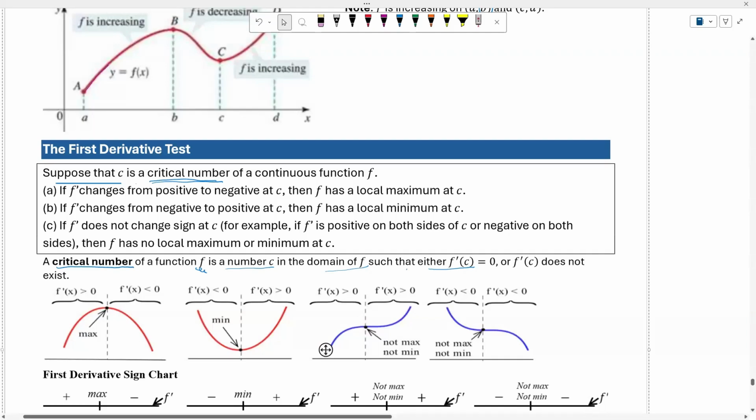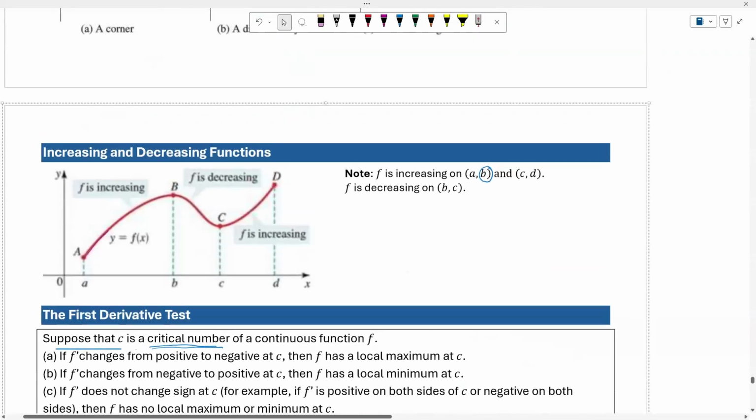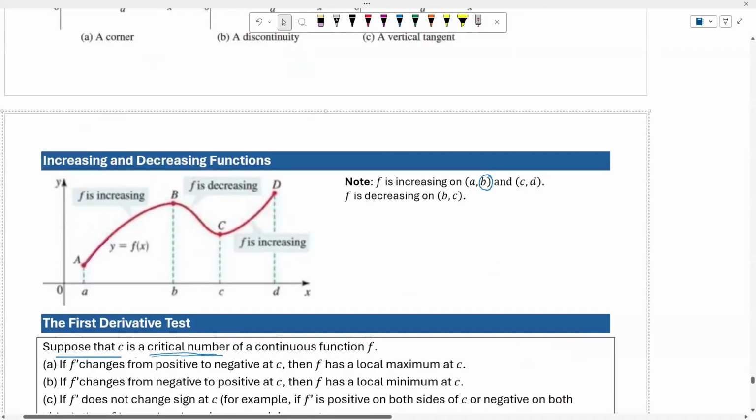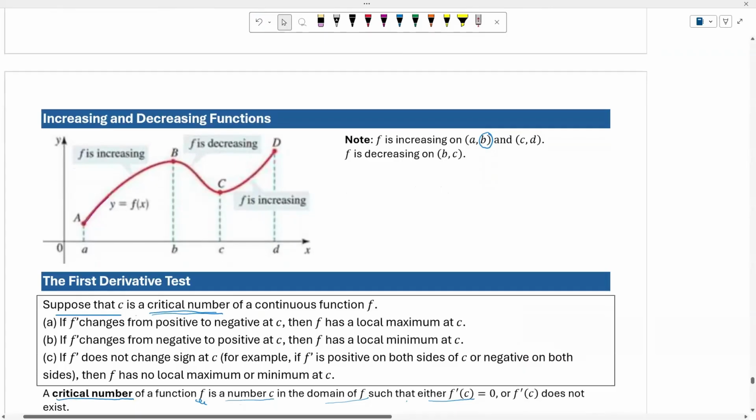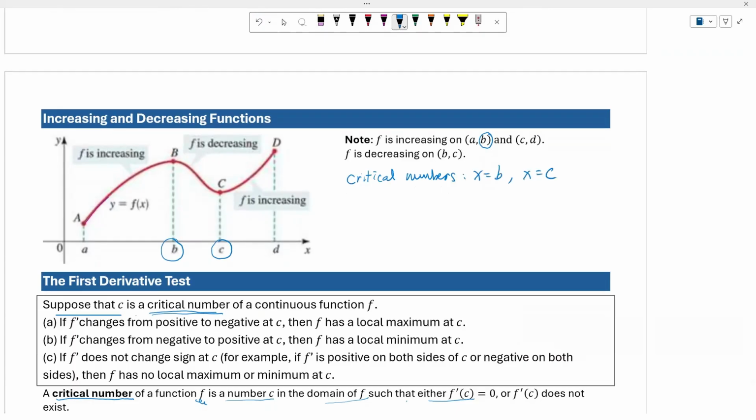So in this case, let us look at our example here. In this problem, we have two critical numbers. They are x equal to b and x equal to c, because the derivative equals 0.